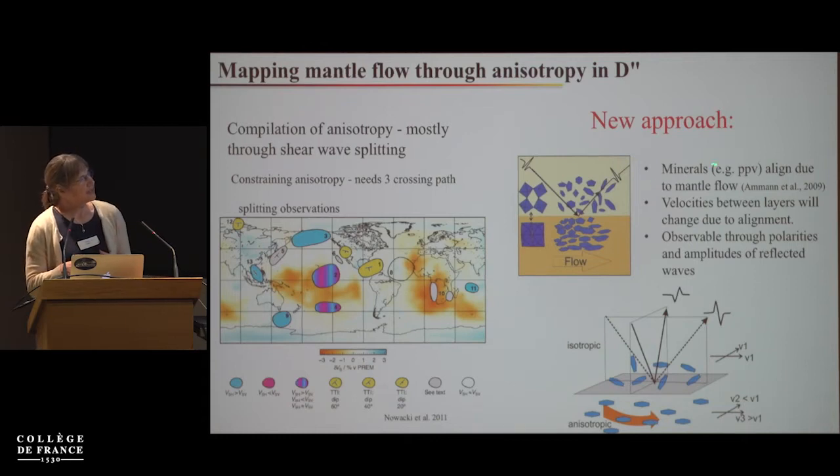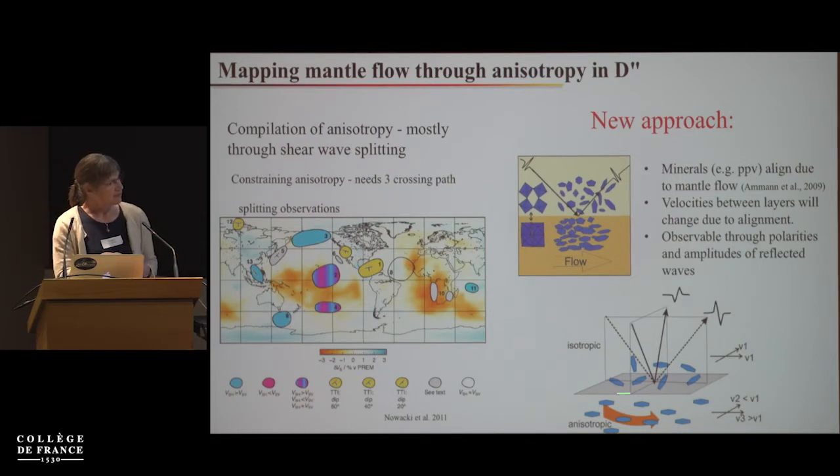What happens is we have the minerals, they align due to mantle flow. So the velocity between the layers will change due to the alignment. So if we go in the upper layer where we have an isotropic material, for example, we have velocities the same in every direction. But if we go in the layer below this one here, where we have aligned or anisotropic material, then we have a velocity v2 that may be smaller than v1 and a velocity v3 that may be larger than v1, because we have fast and slow velocities in there.